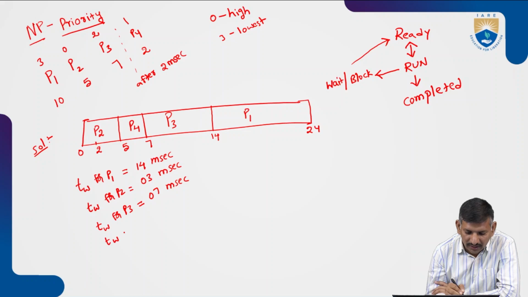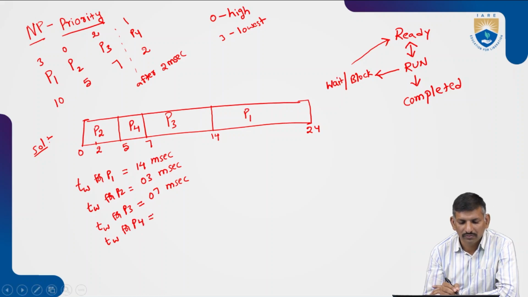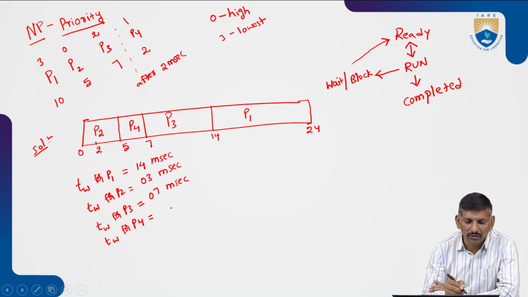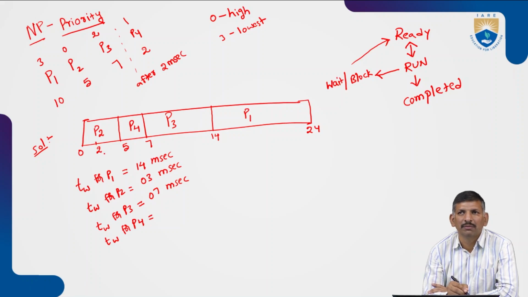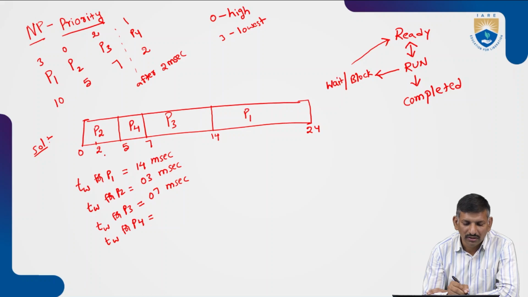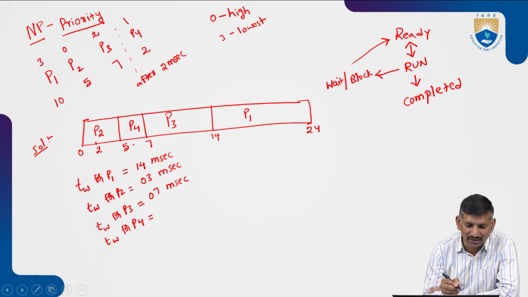Next, waiting time for process P4. P4 entered into the ready state at the 2nd millisecond and is scheduled for execution at the 5th millisecond. So the total waiting time is 3 milliseconds.